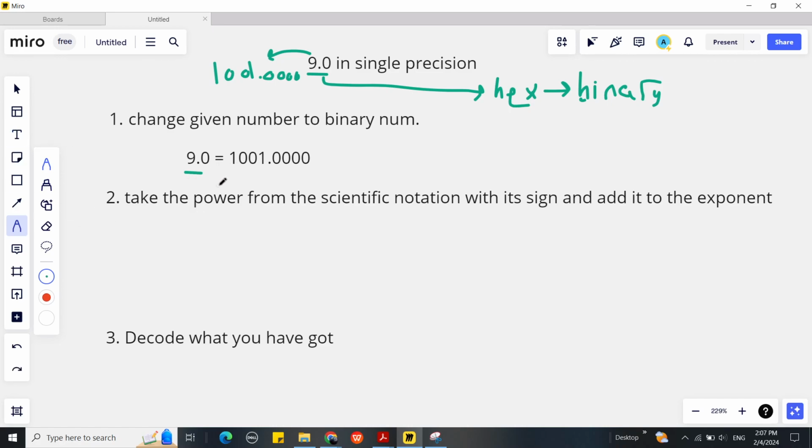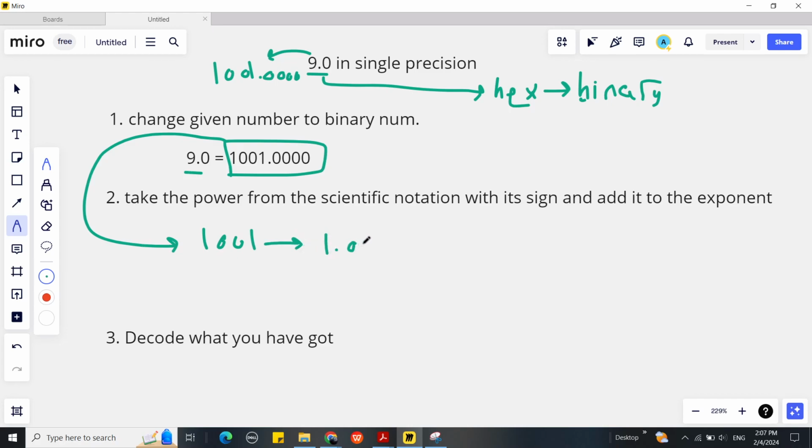I'm just going to take this whole number and write it in scientific notation. 1001 is going to be 1.001 times 2 to the power 3, because the base is 2 since it's a binary number. Let me write the 3 in a different color.